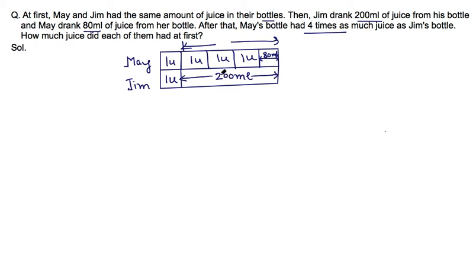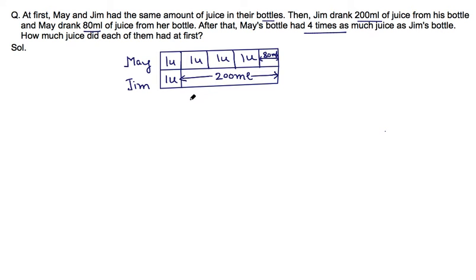So how can we find 3 units? Can we find 3 units from here? We can do that. How? See, 200 minus 80 will give us these 3 units. This whole thing is 200, so if we subtract this 80 from 200, we will get these 3 units.